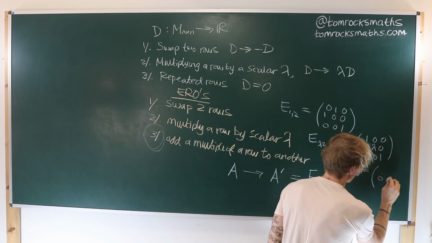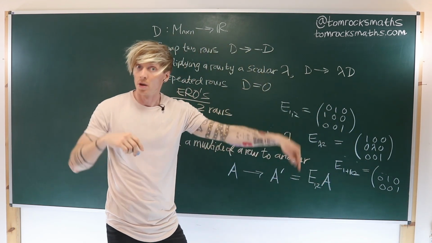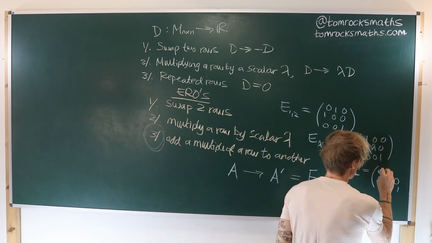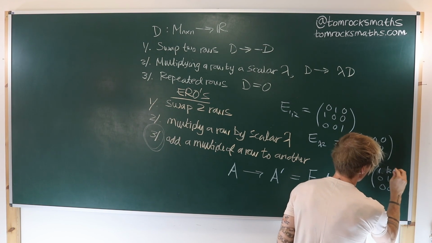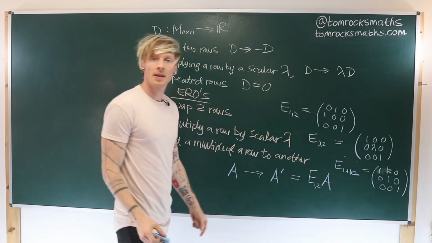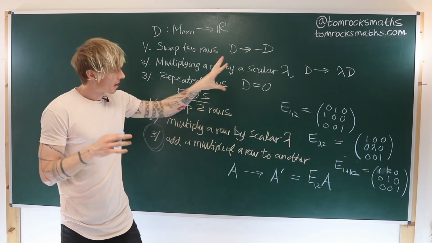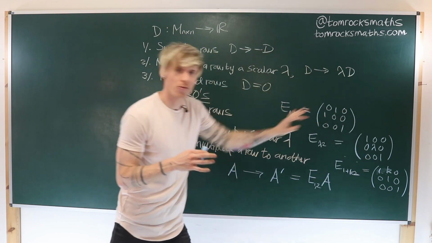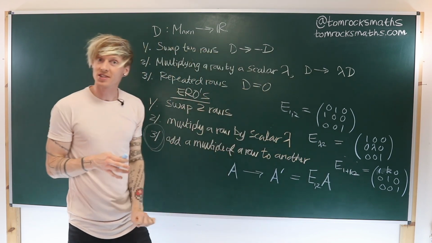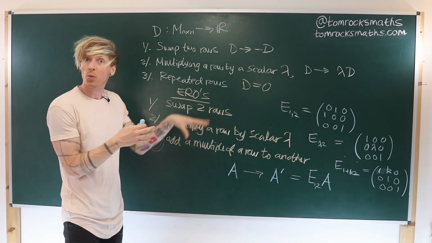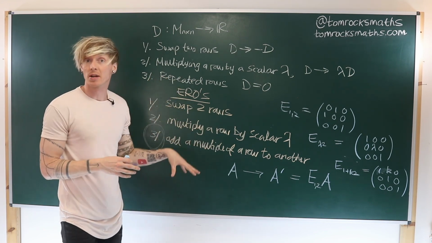So rows 2 and 3 don't change, but we're going to add k lots of row 2 to row 1. So the first entry here is 1, the second entry is k, and the third entry is 0. Now I do advise that you check for yourself that pre-multiplying a 3 by 3 matrix A by any of these three elementary matrices will do exactly what we are hoping it would do were we to apply the appropriate ERO.